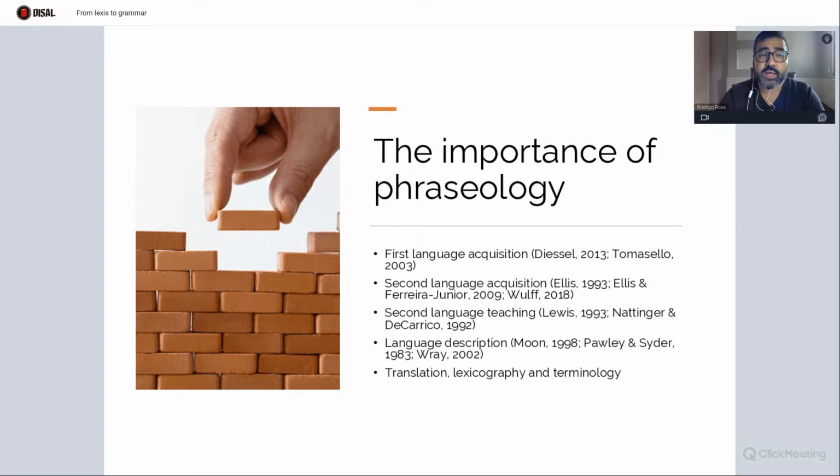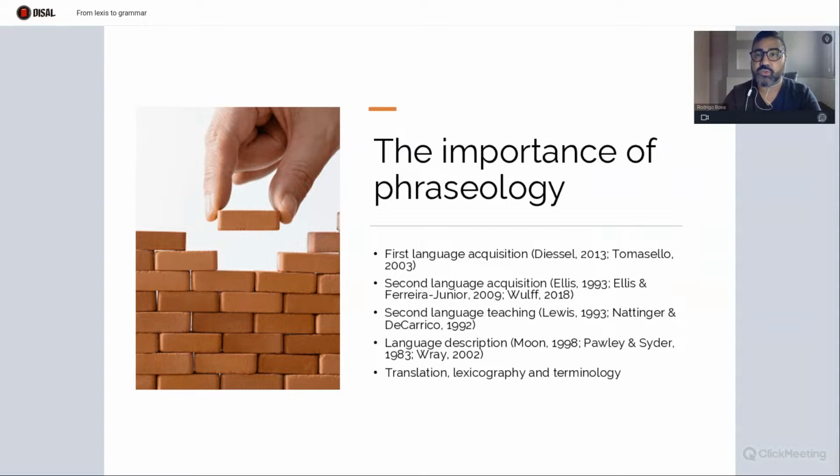But also, this is a relevant level of investigation for language description too. So it is relevant for first language acquisition settings, second language acquisition settings, second language teaching, but also general language description, right?